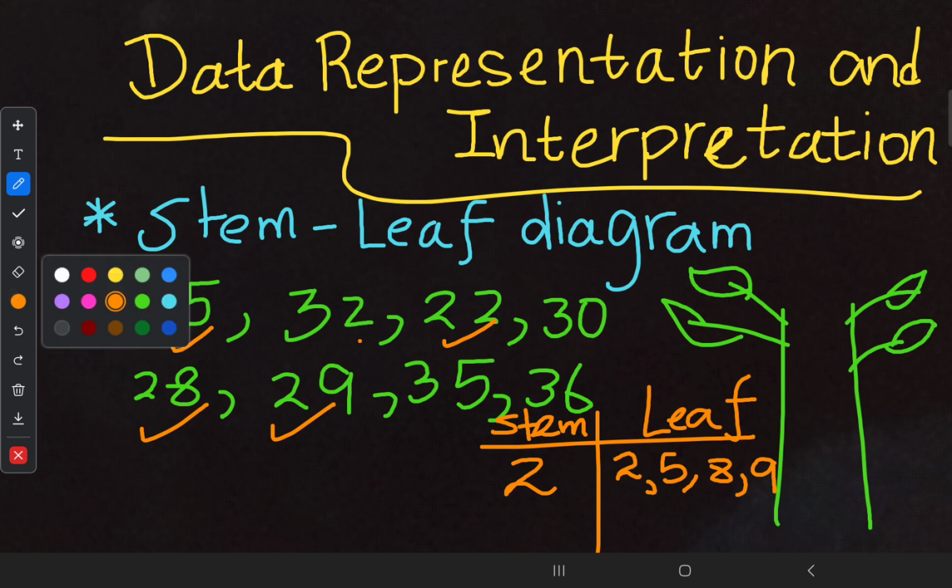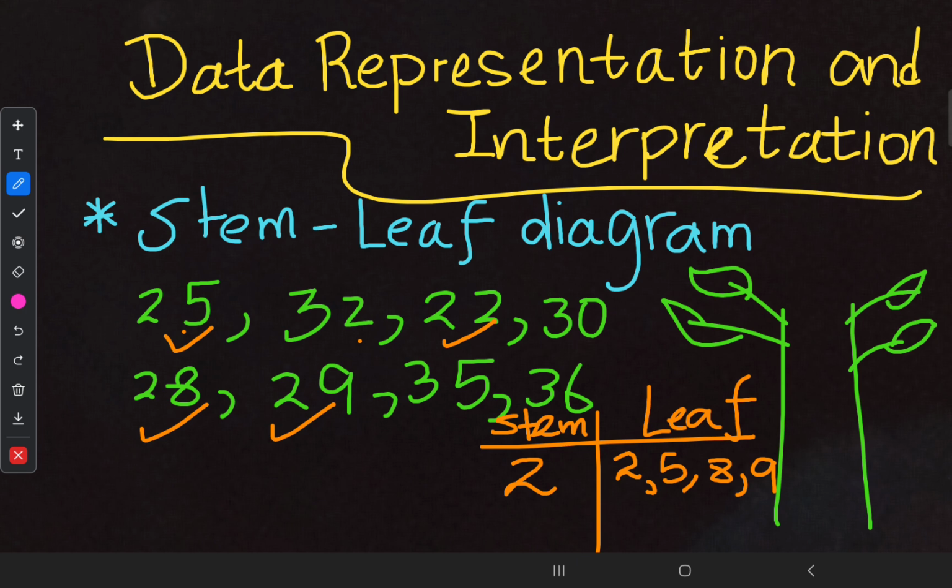What I did here: there are so many data values given in this question, and with the help of that you should decide what is going to be your stem. To identify the stem you have to interpret the data.